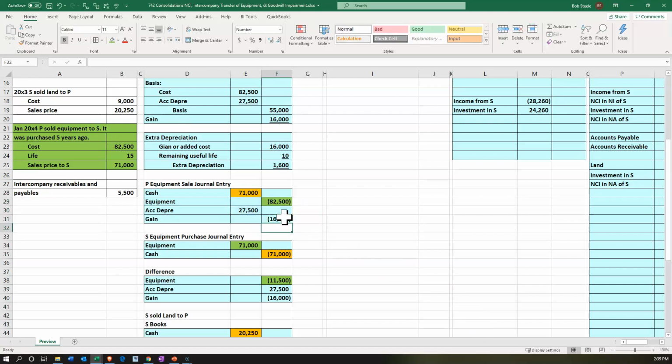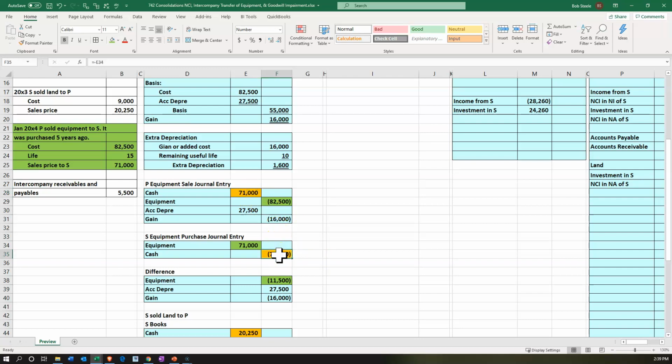What happened on S's books, the purchaser? They put it on the books for 71,000 because that's how much they paid for it, and then the cash for the 71,000 if they paid cash for it. So what do we have to do to reverse this, because this happened in the current year? Well, the cash is going to net out.